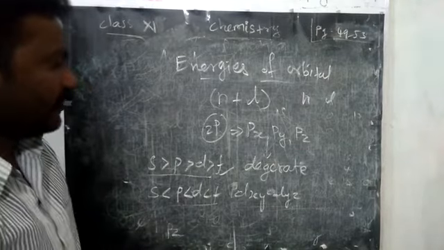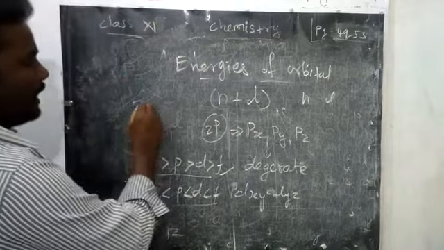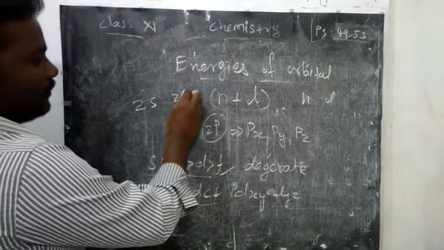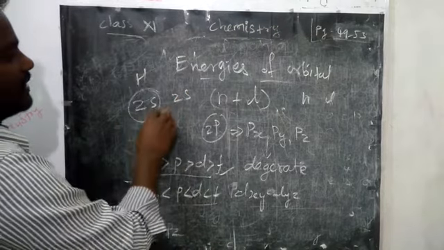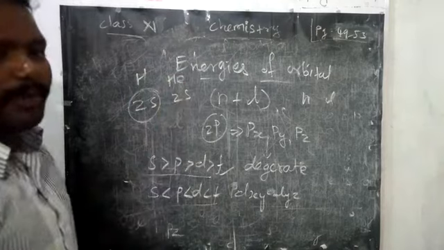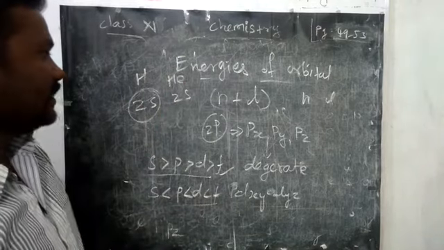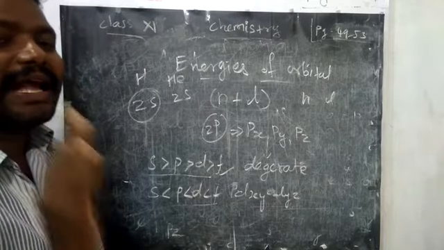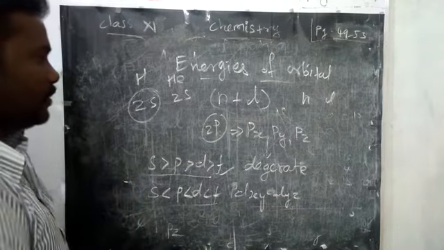At last, we may have another doubt. Sir, now I have s orbital, 2s, for the first atoms, for example hydrogen and helium. Which one may have low energy? Which one may have higher energy? See, low atomic number has higher energy than high atomic number. Very important lesson, my dear students.